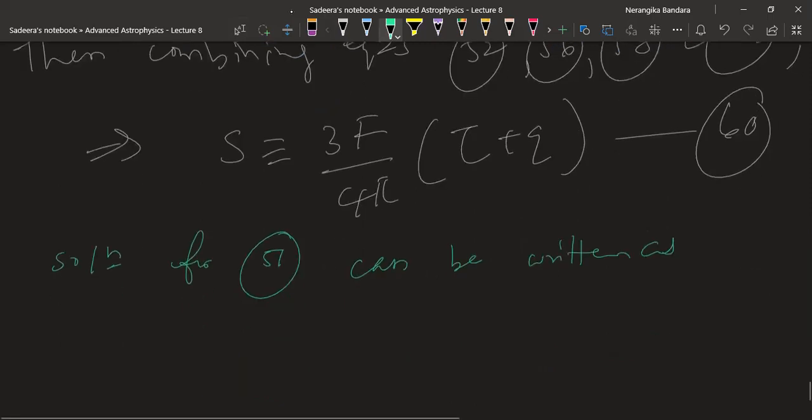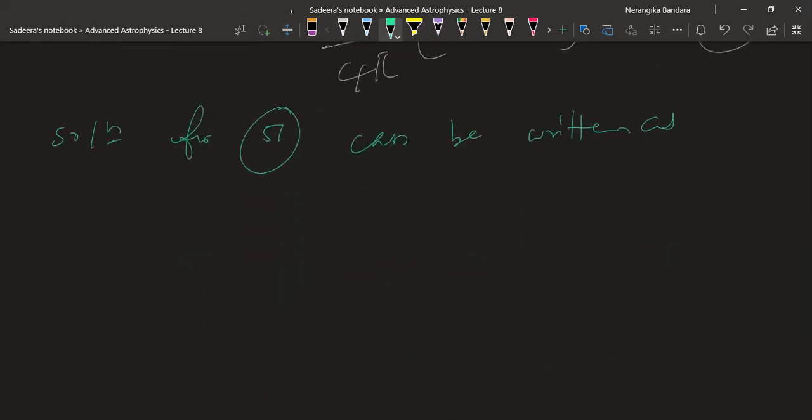This is the general solution for I, the intensity.